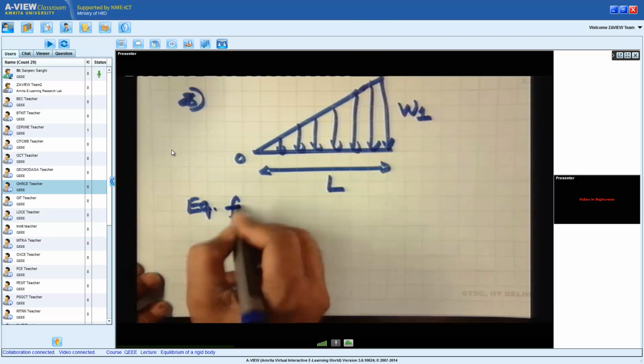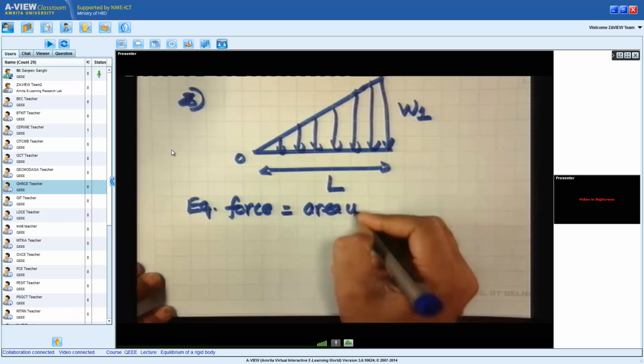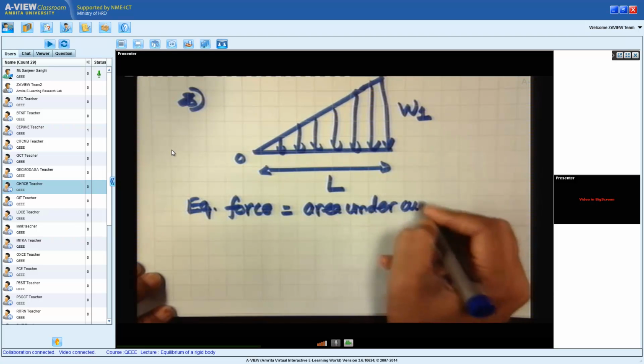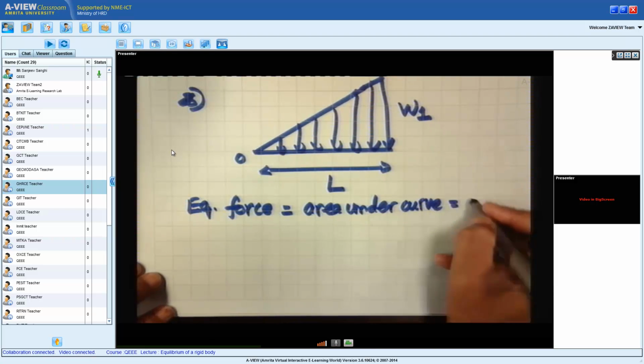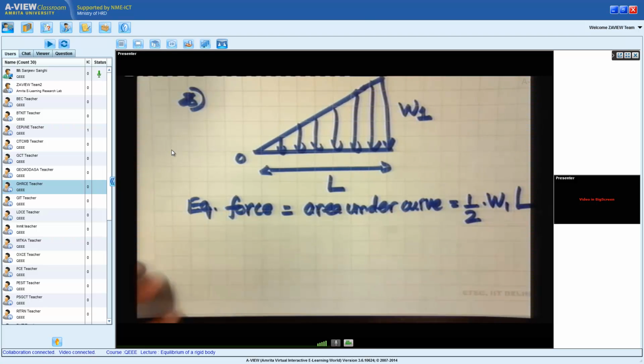The equivalent force will be equal to the area under the curve. So this will be equal to half times W1 times L, the area of the triangle.